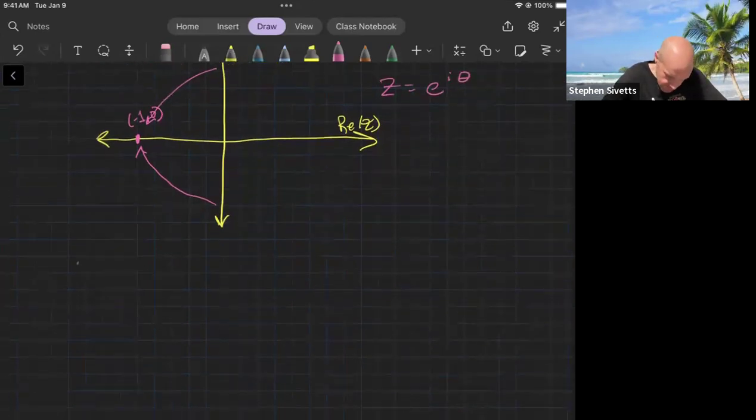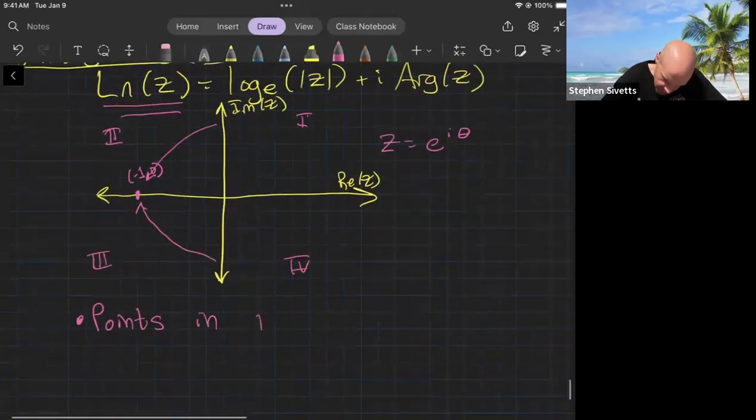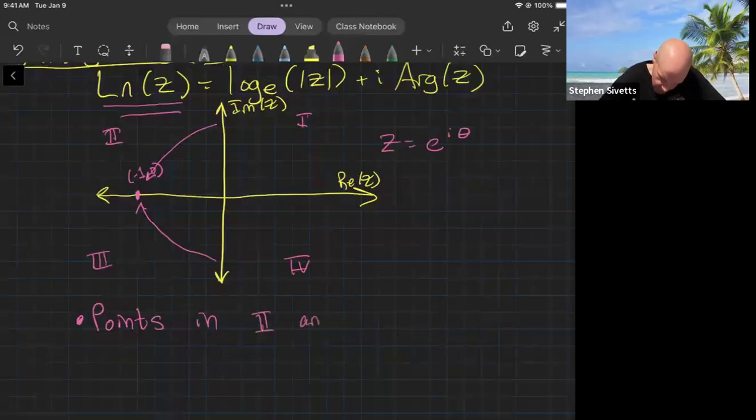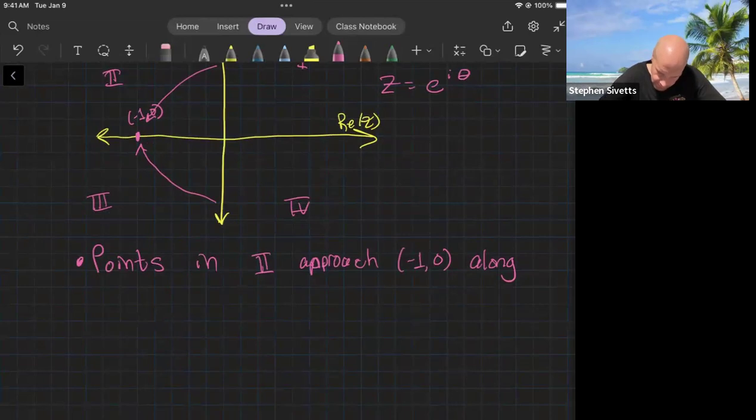As you notice, if I look at the different quadrants of the complex plane, points in the second quadrant will approach this point along when theta is pi over 2 to pi, right?